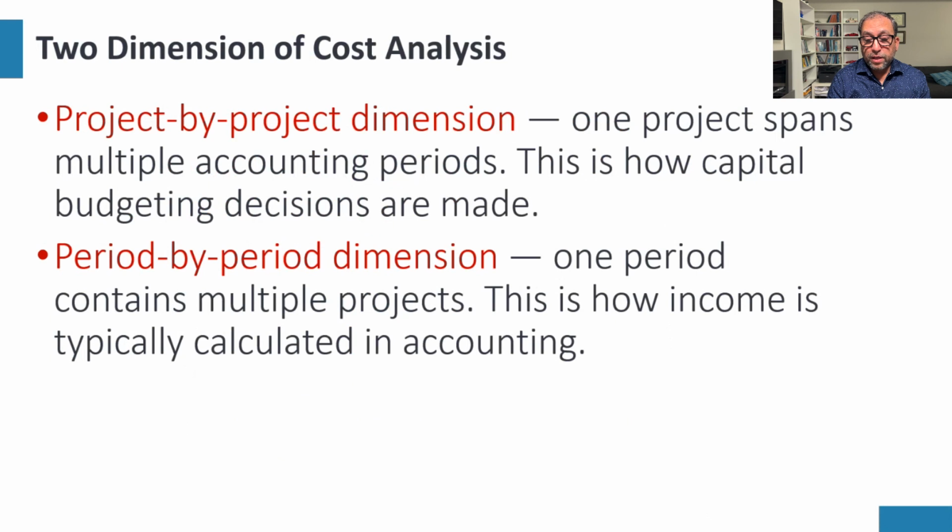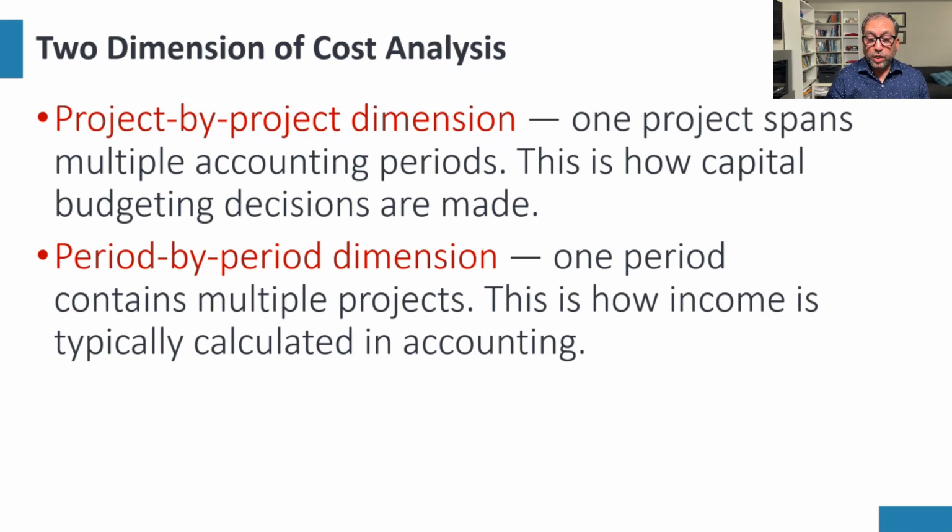Now, when we analyze the project from a managerial accounting point of view, there are two dimensions in the project. One dimension is that we have to analyze project by project, and projects are normally over more than one accounting period.